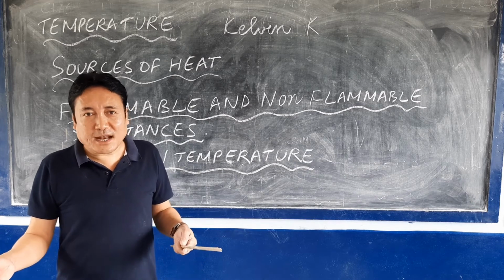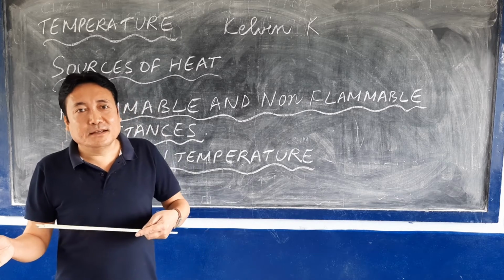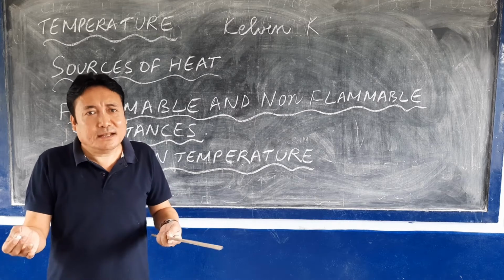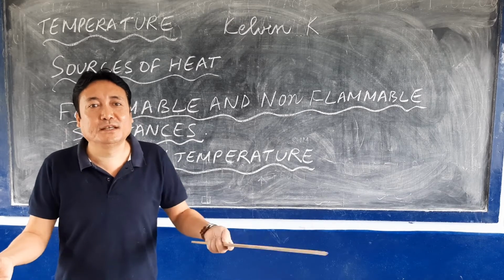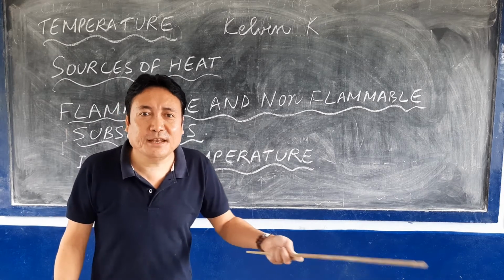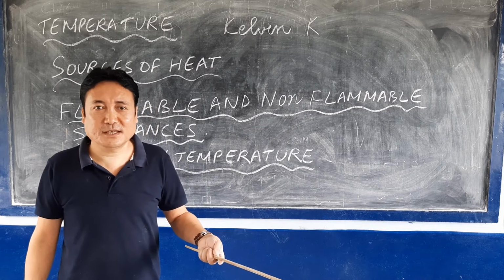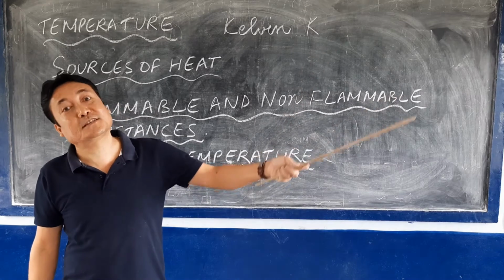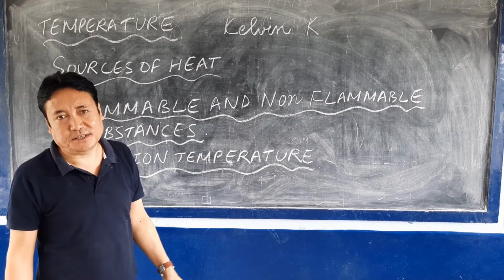So after inventing fire, they melted metals like iron and copper, and with the help of fire they made tools and weapons to kill animals for food. Fire was also very useful to keep away wild animals and enemies. So fire was discovered a very long time back, in the Stone Age, and it is another source of heat.